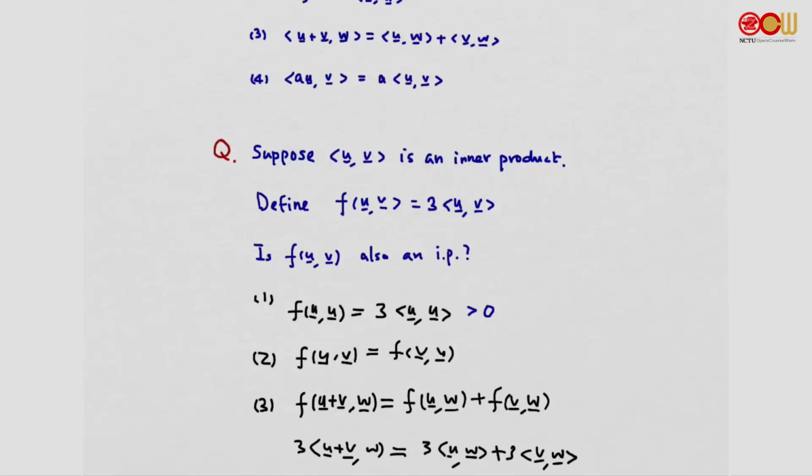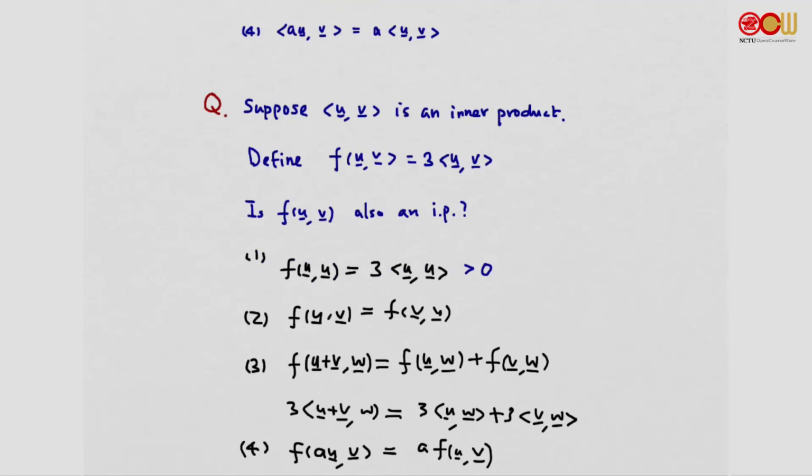Because this is an inner product, it satisfies the third property, and the left-hand side is indeed equal to the right-hand side. The last one, we need to verify f(au, v) is the same as a times f(u, v). And we can verify that this is true. So this is an inner product, yes.